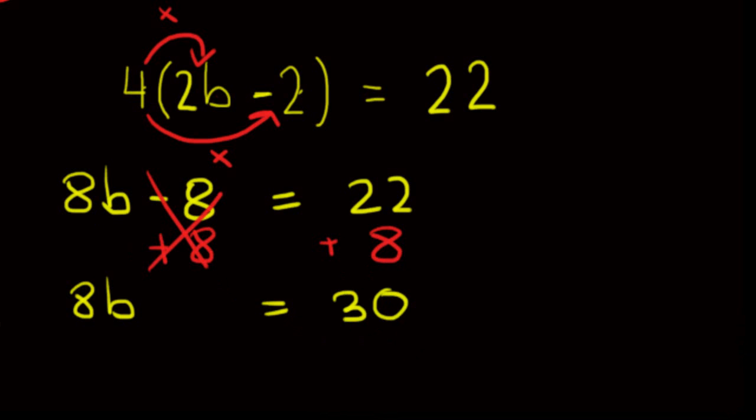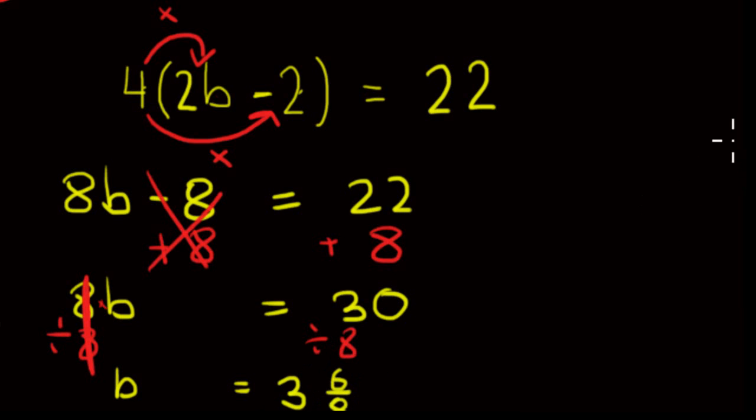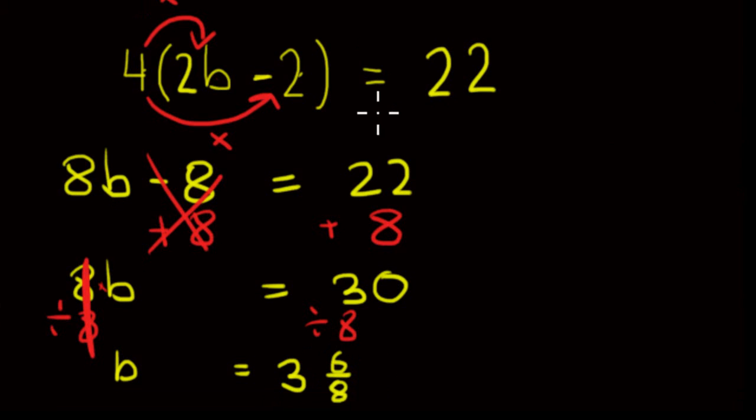And then what we can do, again, opposite sign, there's a times here, so we divide both sides by 8. 8 divided by 8 crosses out. Now we're left with b equals 30 divided by 8. 30 divided by 8 is 3, and we have a remainder of 6, so that's 6 over 8. Right? That was just normal procedure. So once you've removed the brackets, you can solve the equation.